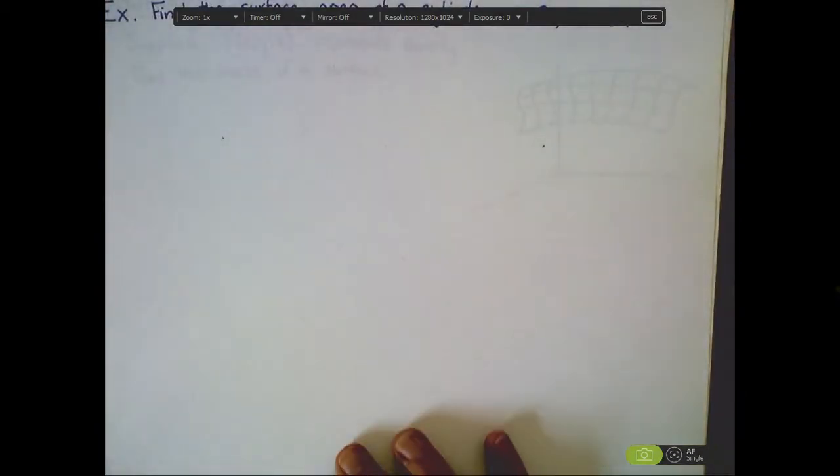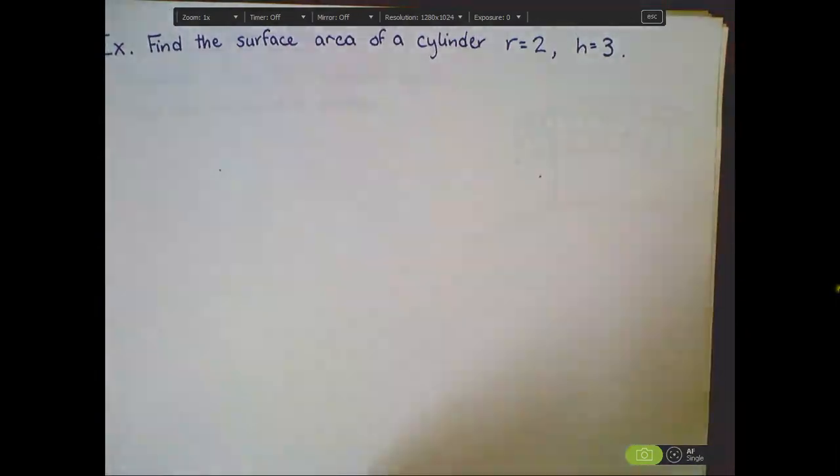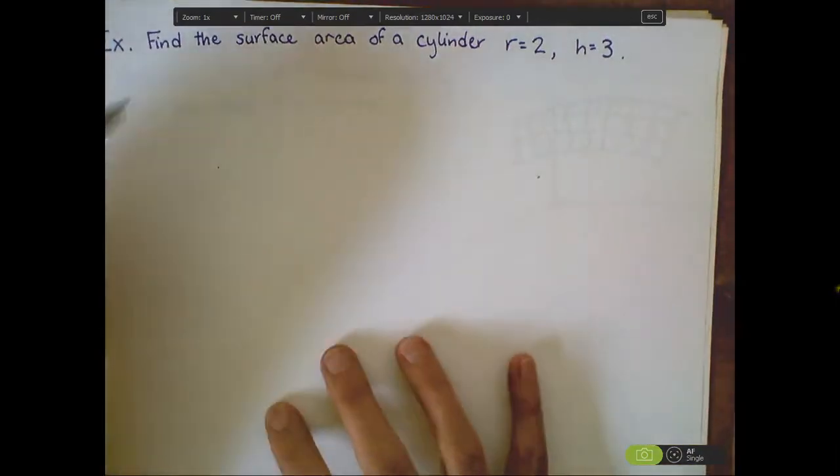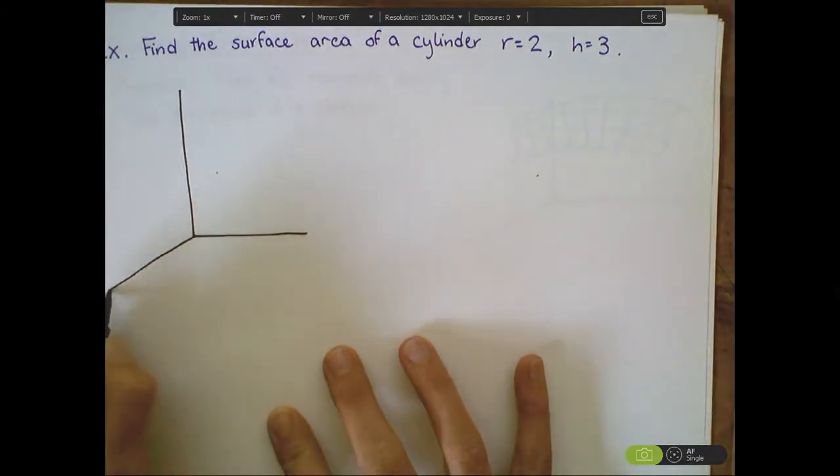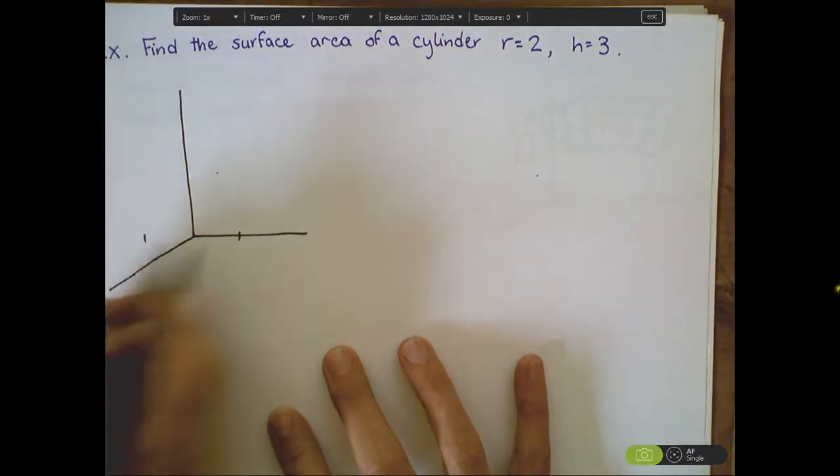So next, let's go ahead and apply this formula to find the surface area of a cylinder of radius 2 and height 3. The first step is to parameterize this cylinder of radius 2 and height 3.